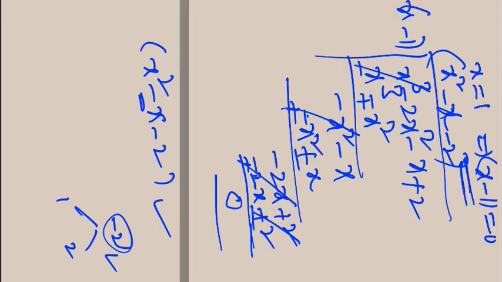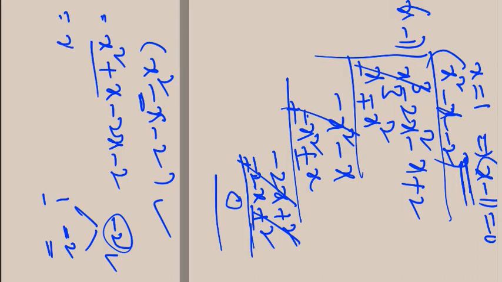If I add these two to get minus 1, the bigger number takes the minus sign, so minus 2x and plus x. Now I can split the middle term: x square plus x minus 2x minus 2. Split it like this. Then from these two, x is common, x plus 1 is there. From minus 2 is common, x plus 1 is there.